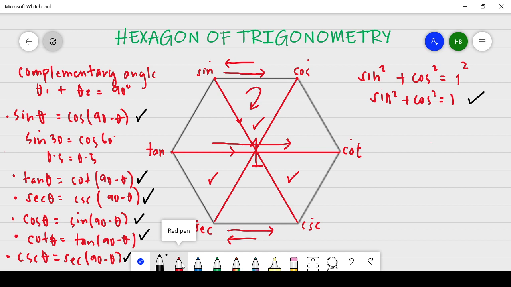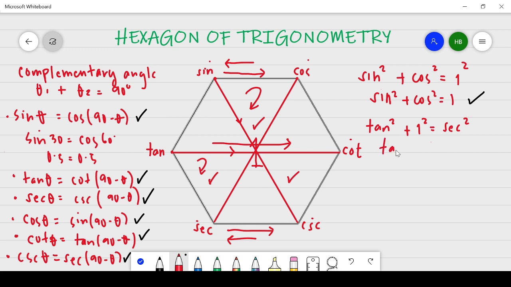Okay, saan naman tayo susunod? Sa itong triangle na to. So with the clockwise approach again, I'm going to use the red. So tangent papuntang 1, papuntang secant, of course, using square, tangent square plus 1 square is equal to secant square.